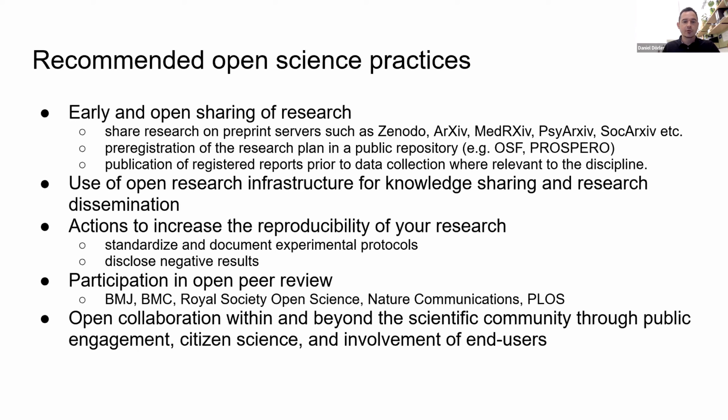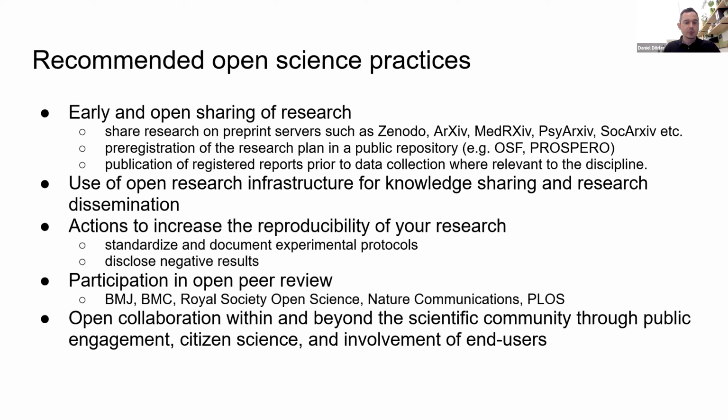You can also publish registered reports prior to data collection, if this is relevant to your discipline. You can use open research infrastructure for knowledge sharing and research dissemination. You can also take actions to increase the reproducibility of your research. For example, you can standardize and document experimental protocols to make them more understandable and also comparable. And you can also disclose negative results, as also Michalis already mentioned.